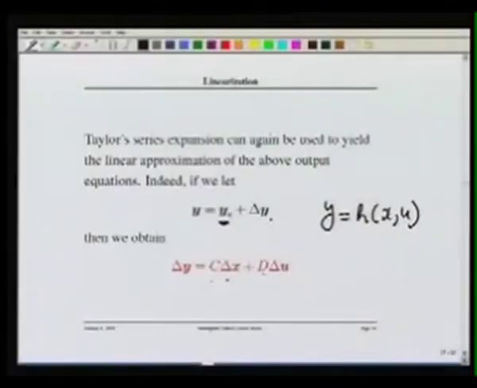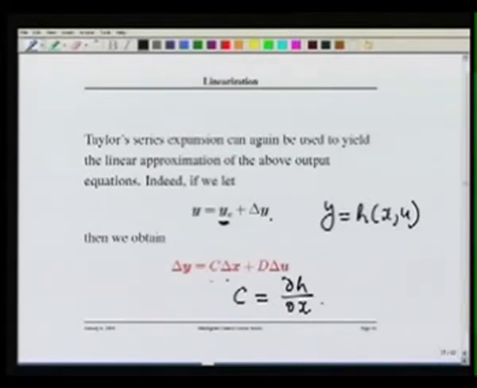So, can you guess now what C and D are? Yes, obviously C, as we have already said, has to be del h upon del x.